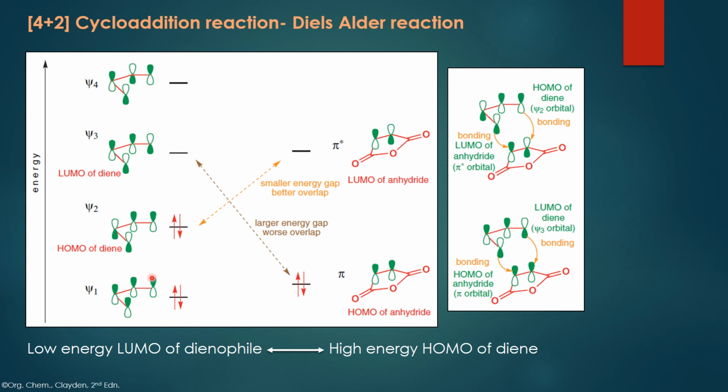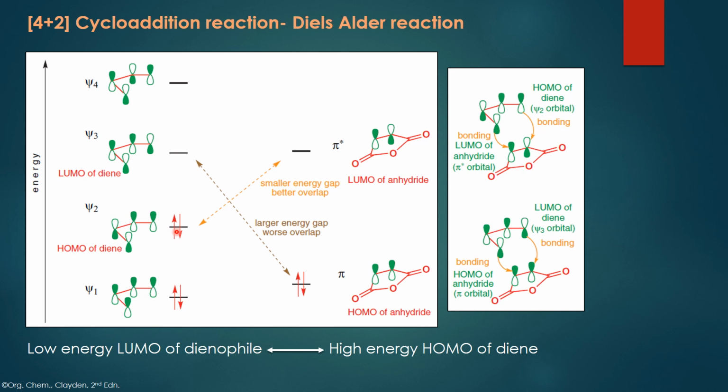Now we can see that the HOMO of butadiene is psi 2, whereas the LUMO of the diene is psi 3, the lowest unoccupied molecular orbital, that means the molecular orbital with no electrons. The HOMO is the highest occupied molecular orbital, that means the highest molecular orbital with electrons.